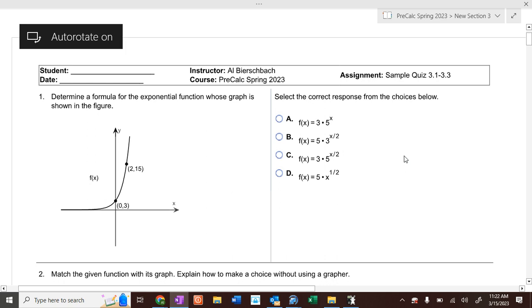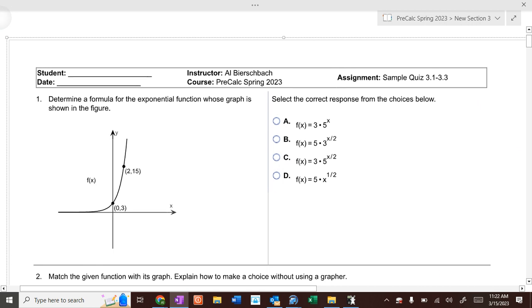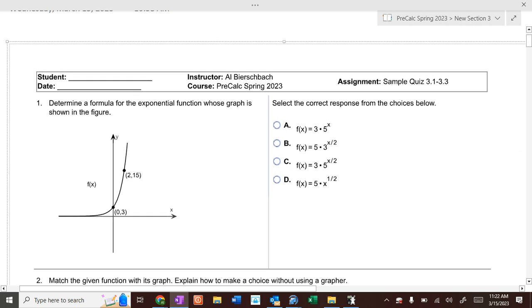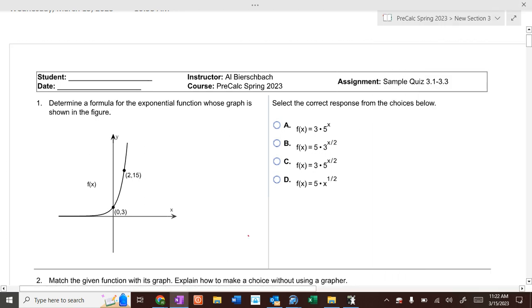Okay, so we have this function here. How do we know which one of these functions it is? Well, it's an exponential function, right? So that means it's basically a number to the power.